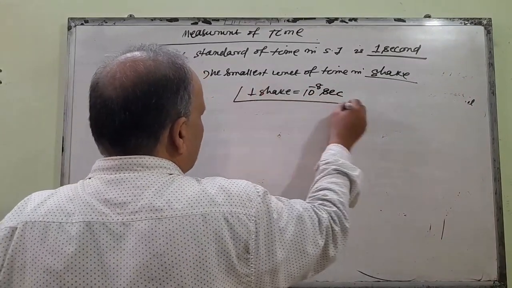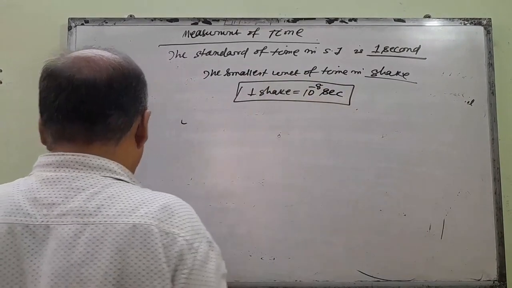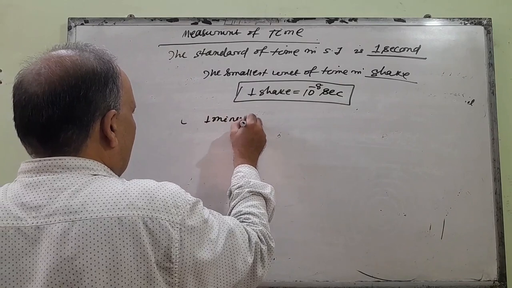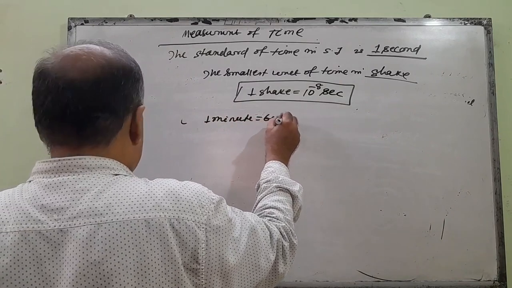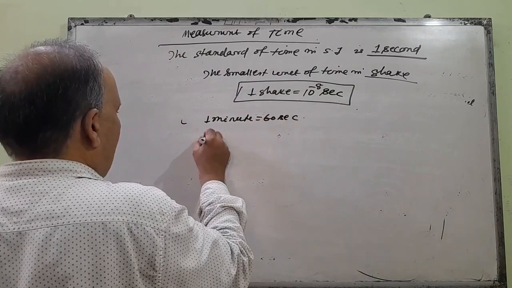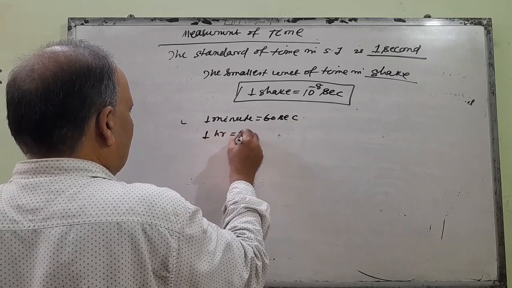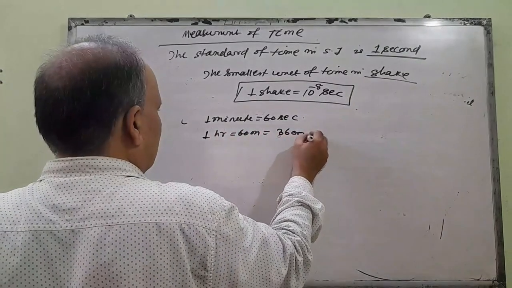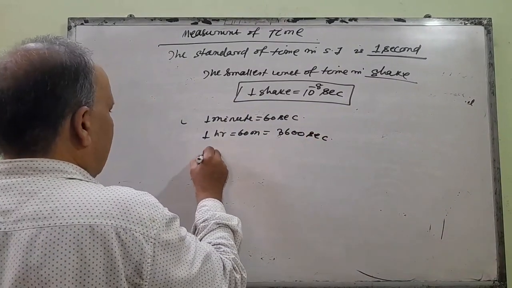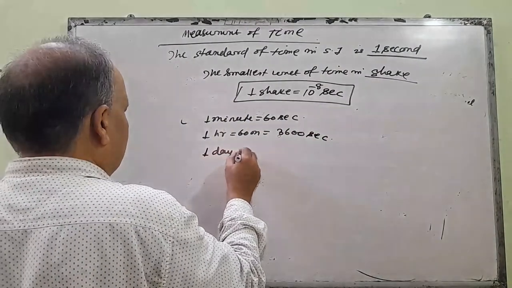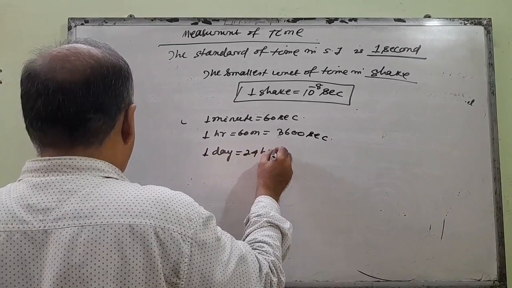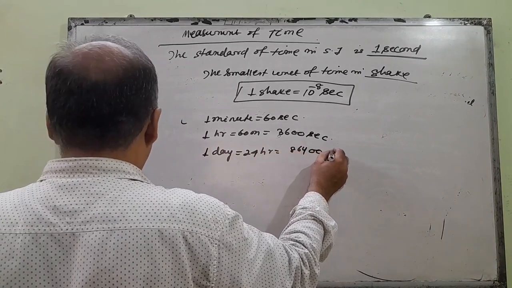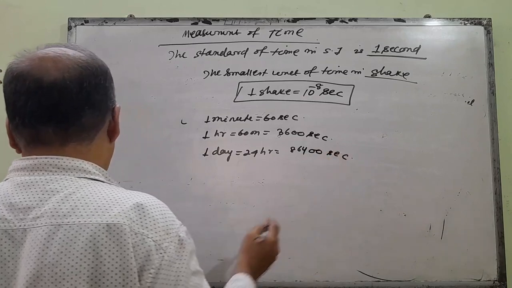You see how small this is. Others are 1 minute, which is equal to 60 seconds, and 1 hour, which is equal to 60 minutes, that is equal to 3600 seconds, and 1 day, that is equal to 24 hours, that is equal to 86400 seconds.